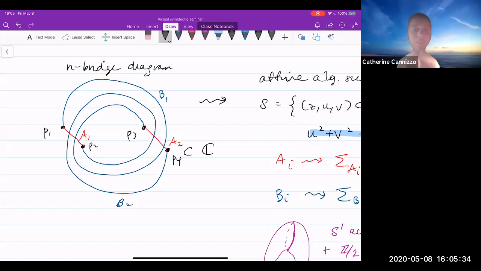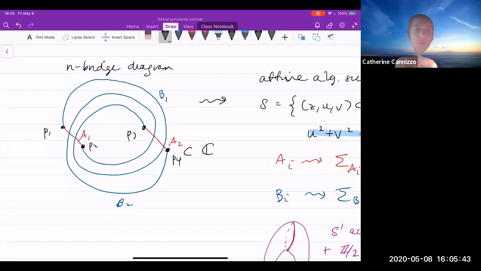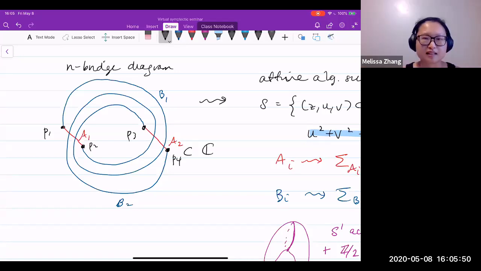I see. That's very illustrative. Although I might have messed up the conventions compared to other people's conventions. And then you're assigning these S2s based on that diagram. Yeah, so you're thinking of this C as like CZ, and then there are also another 2 complex dimensions above it. Above each point in either your blue or red arcs, there's going to be a circle because you have u squared plus v squared equals negative p of z.